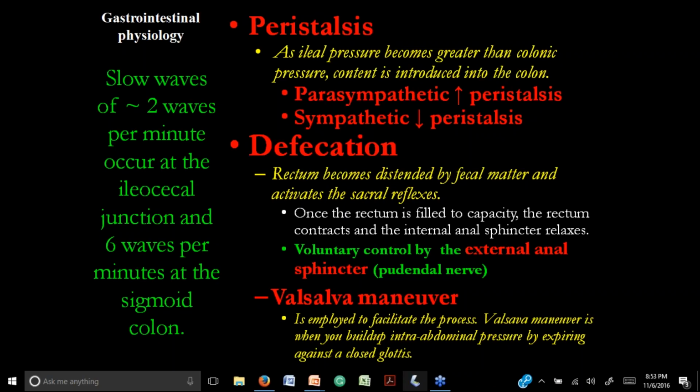A Valsalva maneuver is when somebody goes to the bathroom and pushes: you close the glottis, you don't exhale, so you maintain the air inside, and that is going to increase the intra-abdominal pressure. This intra-abdominal pressure helps in the process of defecation.